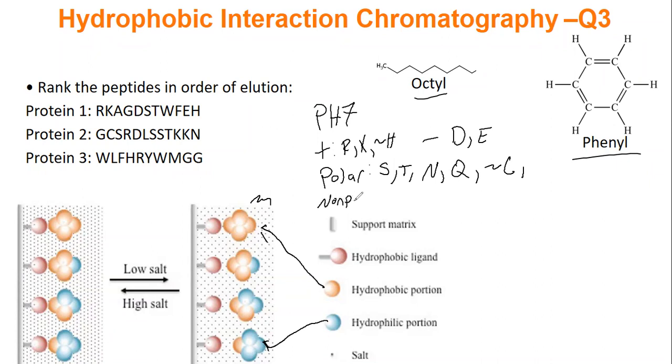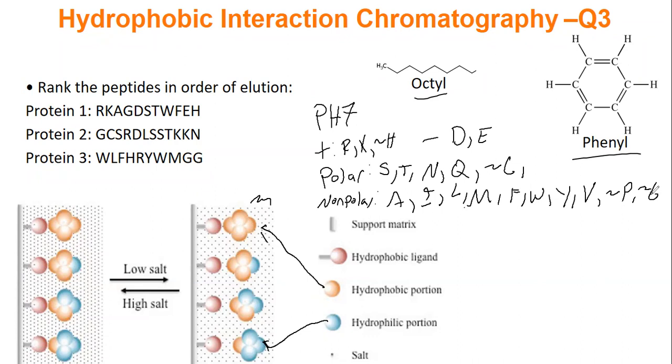Non-polar: that's A, I, L, M, F, W, Y, V, and somewhat P, somewhat G. Again, those are kind of odd cases. P, G, and C don't neatly fit into either category because, like I said, different experiments will tell you different results for those. But in general, that's our ordering of amino acids.